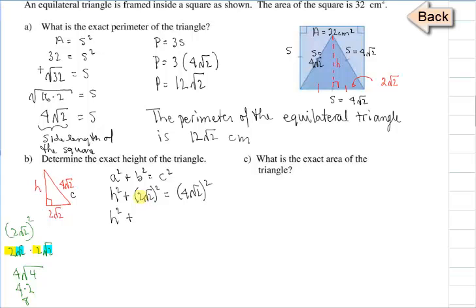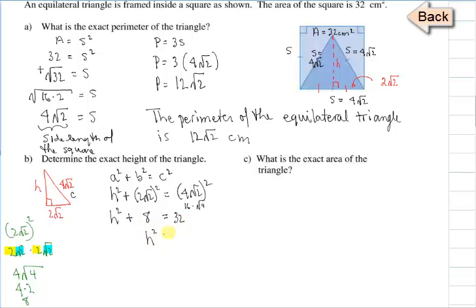So when we go back to our equation here, in place of 2 root 2 squared, I can put 8. Now let's go through the math in our head for 4 root 2 squared. I know I'm going to go 4 root 2 times 4 root 2, so 4 times 4 is 16. And then I have root 2 times root 2, which is square root of 4. And the square root of 4 is 2, so I'm going to go 2 times 16 is 32.